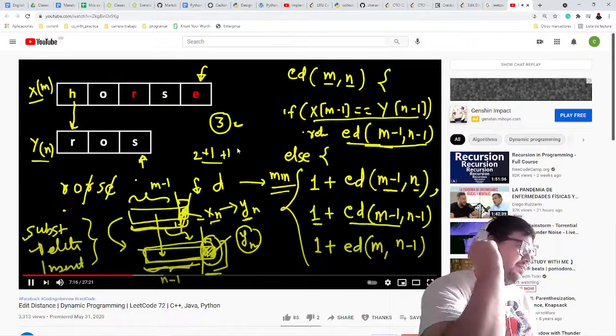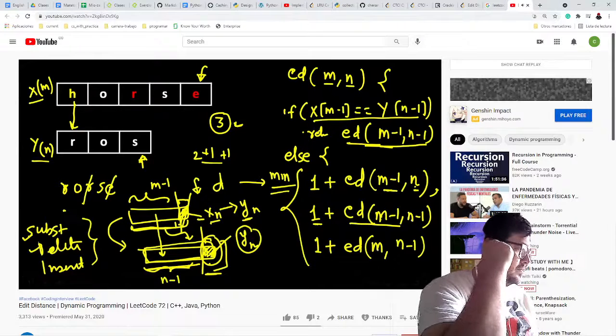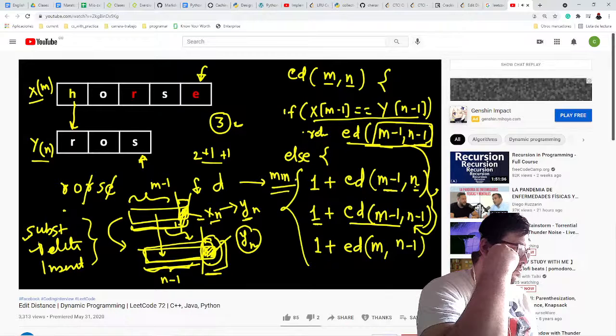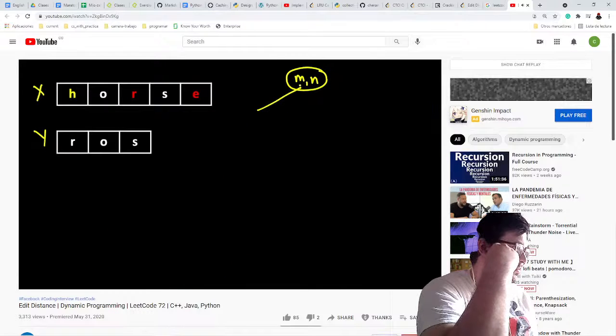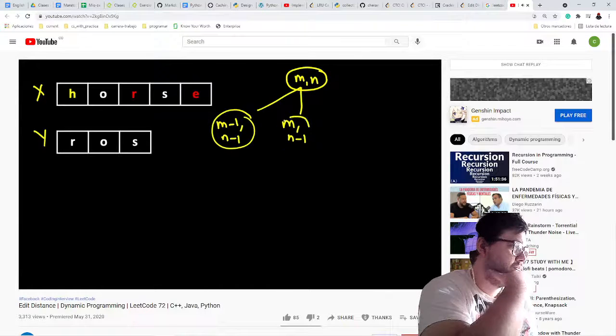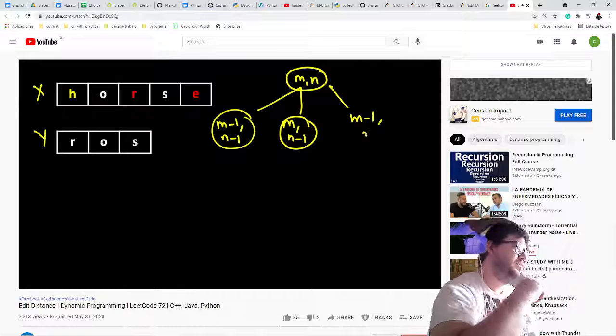And we broke that into 3 scenarios: m-1 n, m-1 n-1, and m n-1. And this is also m-1 n-1, which is here. So in order to solve mn, we need 3 possibilities: m-1 n-1, m n-1, and m-1 n.